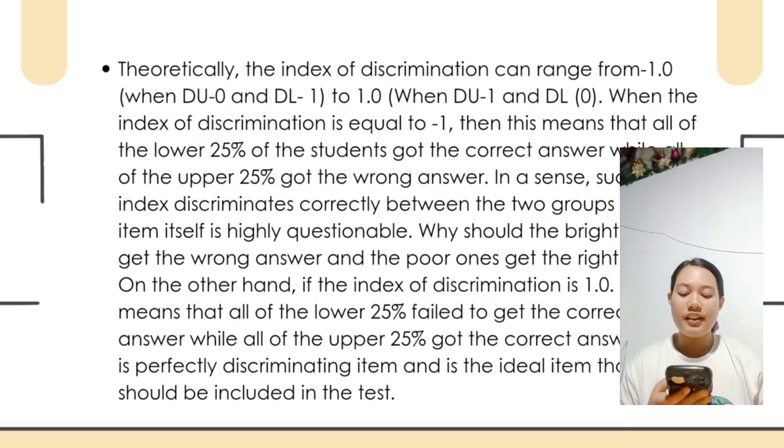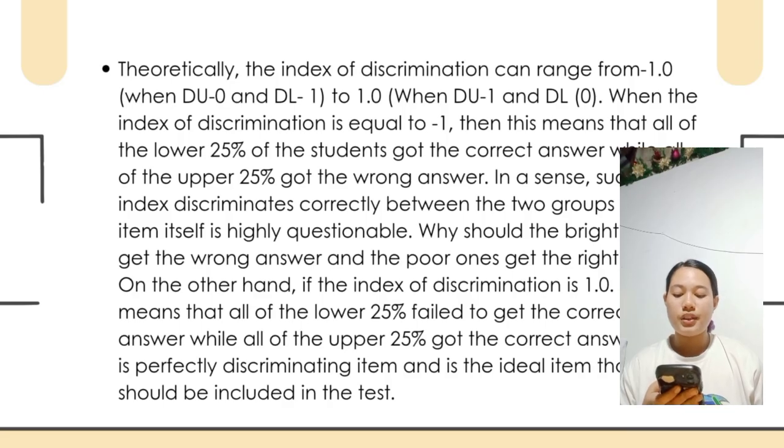Theoretically, the index of discrimination can range from negative 1.0, when DU is equal to 0 and DL is equal to 1, to 1.0, when DU is equal to 1 and DL is equal to 0.